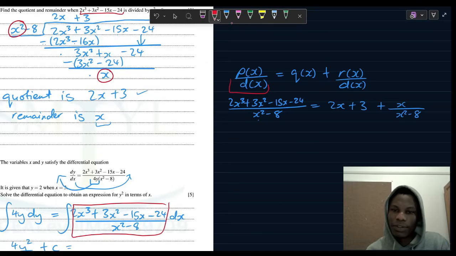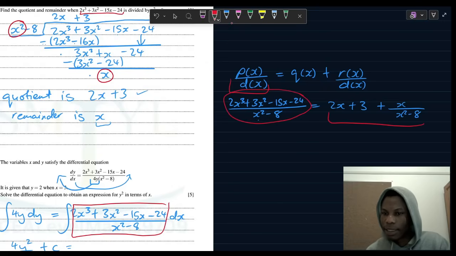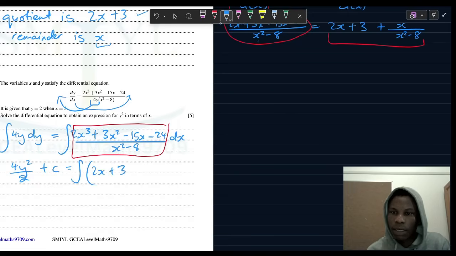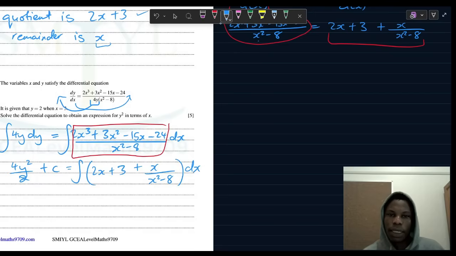So instead of trying to integrate this, we can integrate this instead. So we can now write the right-hand side as the integral of 2x plus 3 plus x over x squared minus 8 with respect to x. And so now let's see how we can integrate that.